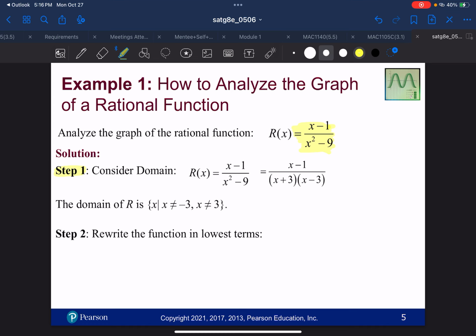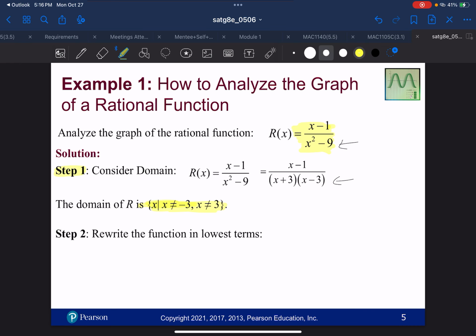So of course the values that will make this function undefined are the values that make the denominator equal to 0. So the first thing we're going to do is factor the numerator and the denominator, but only the denominator here can be factored. And then if I set those two factors equal to 0, I see that x cannot equal negative 3 or 3. So the domain is all real numbers except for those two values.